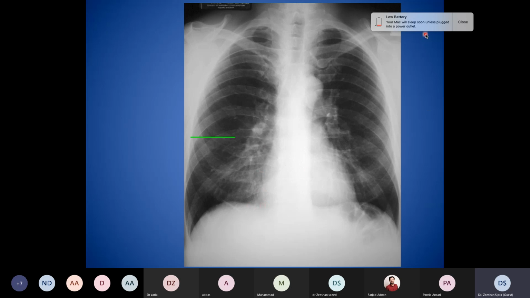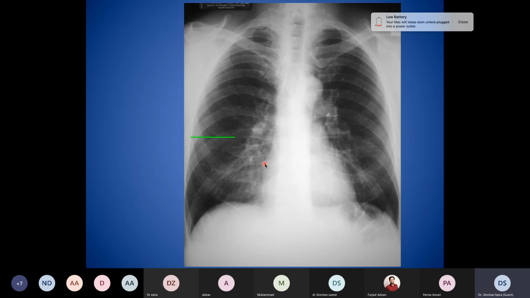Why important? Because the loss of silhouette is a sign of increase in density of the lung. The silhouette is actually important for the lung. So in cases where there is airspace disease, a consolidation, this border of the heart disappears.